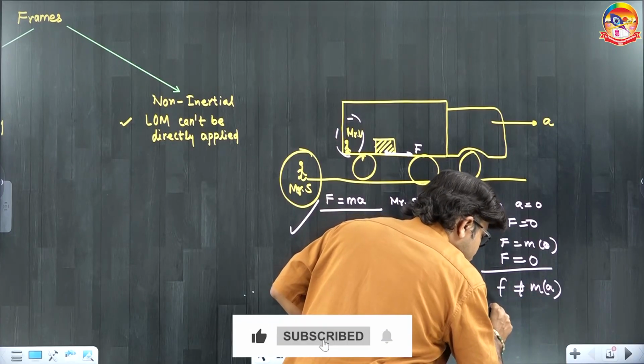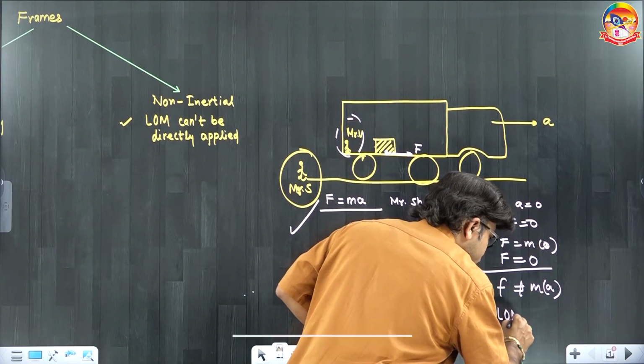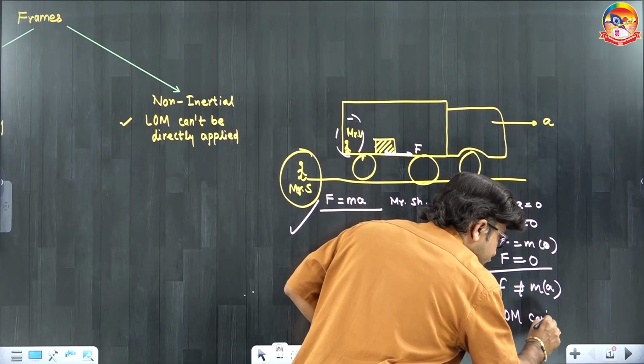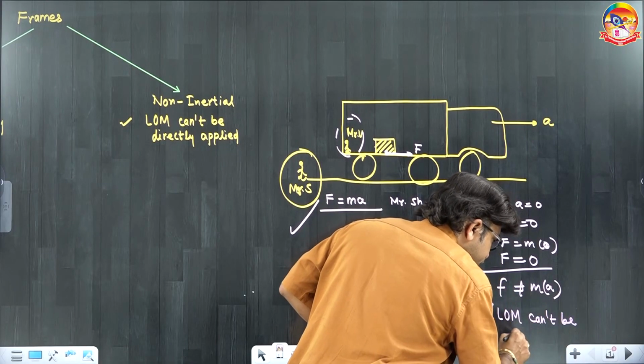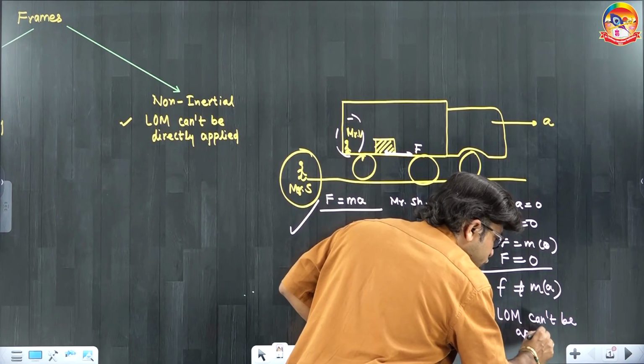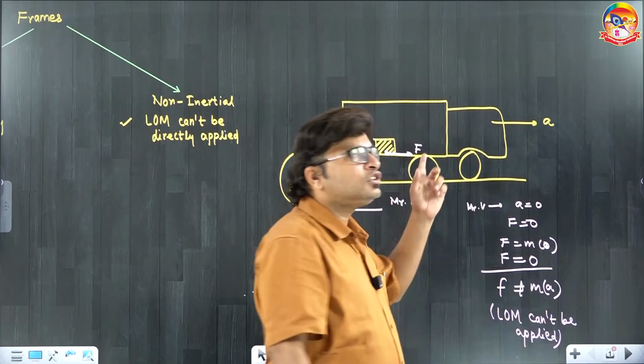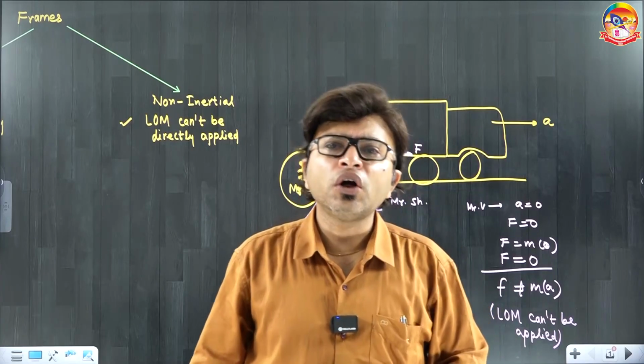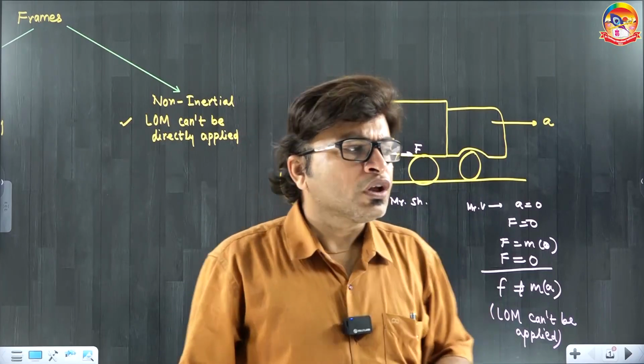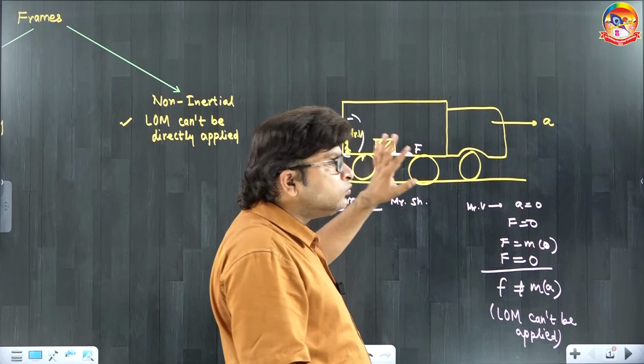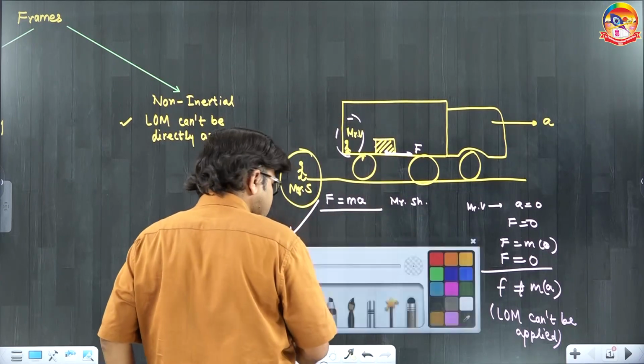It means here laws of motion cannot be applied. And when I say laws of motion cannot be applied, it means this frame has now become a non-inertial frame for us.